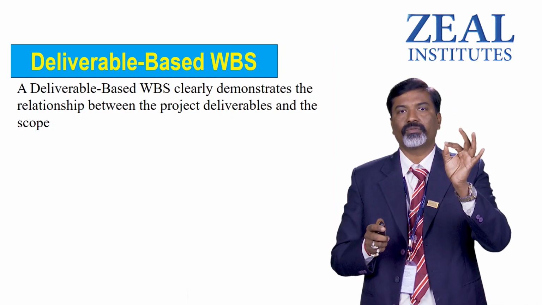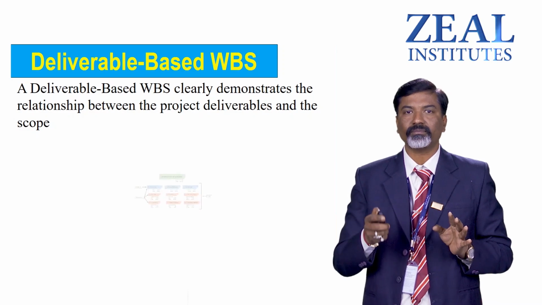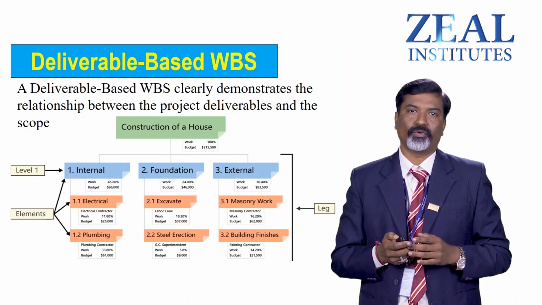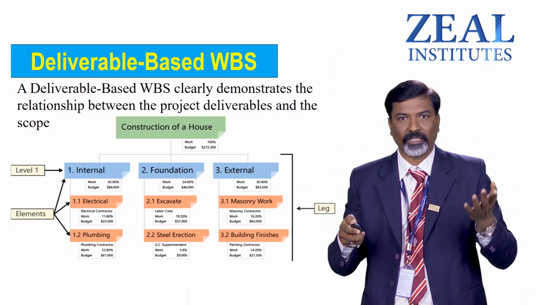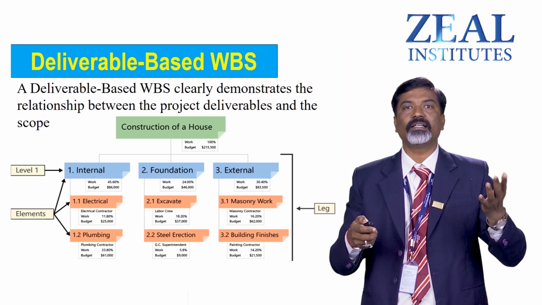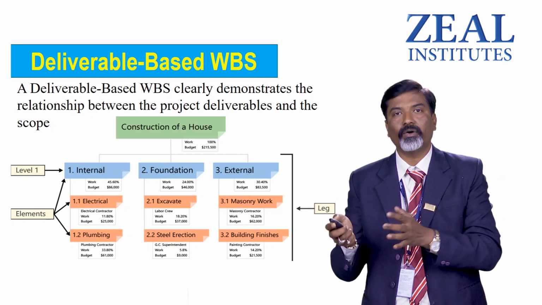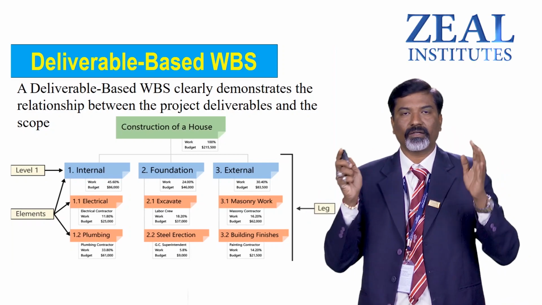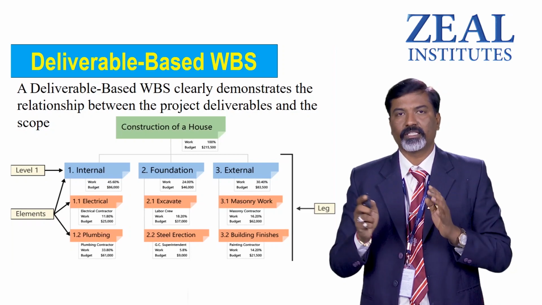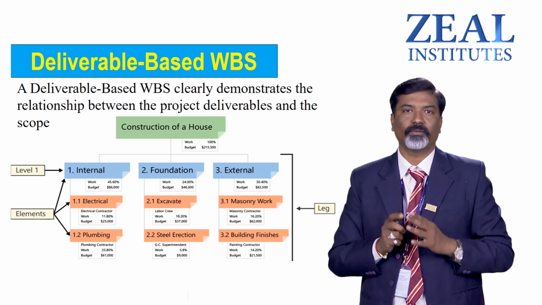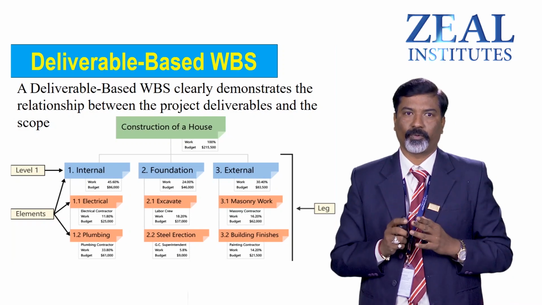For this, we will take one simple example, that is construction of a house. House building is one project, and for it we need some time and we have some budget. Suppose 100% is the total budget for this particular project.